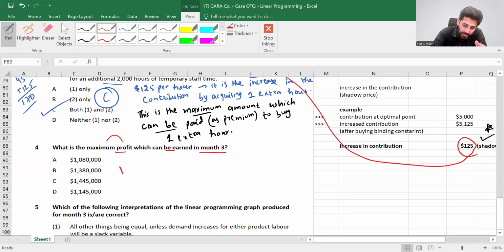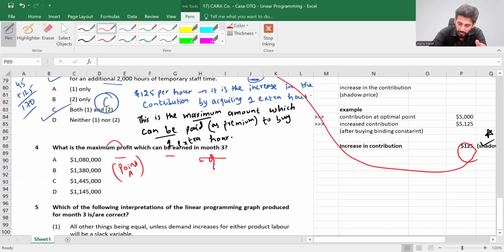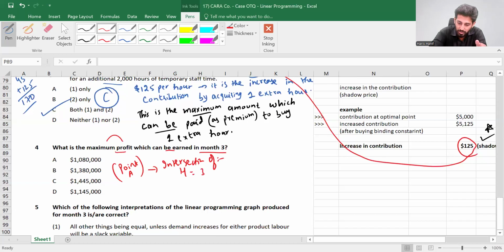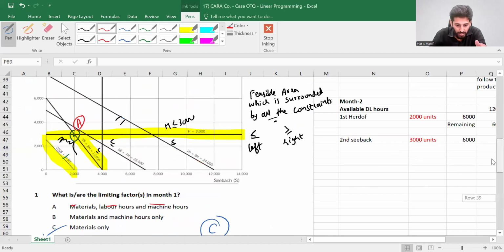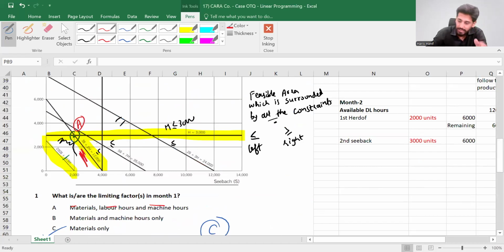That is point A, the intersection of number one, H 3000, and number two, 3S 2H 12,000.